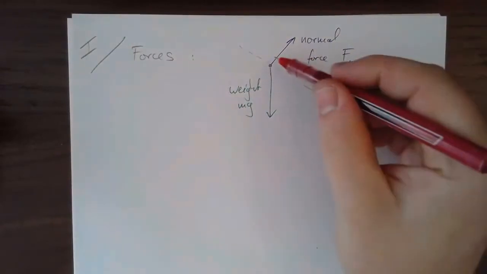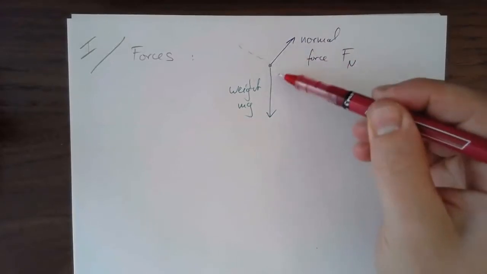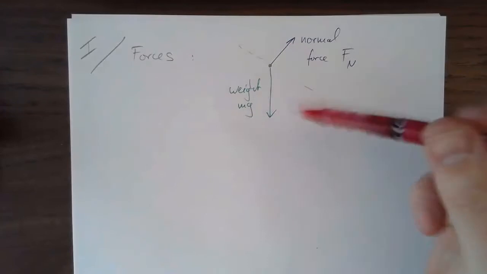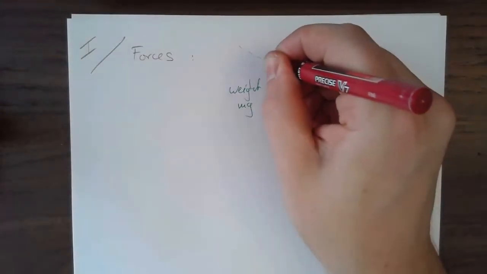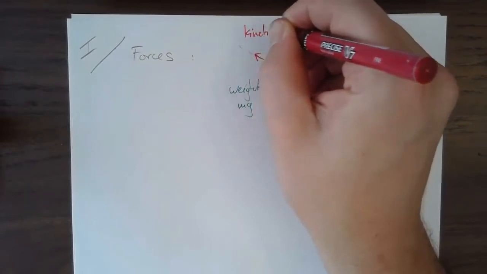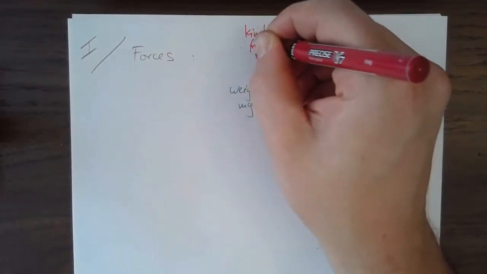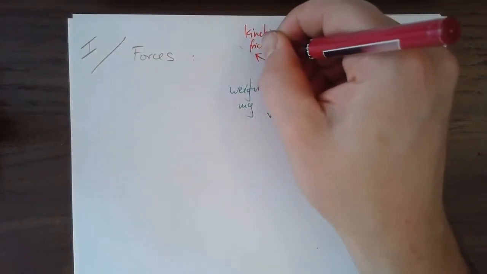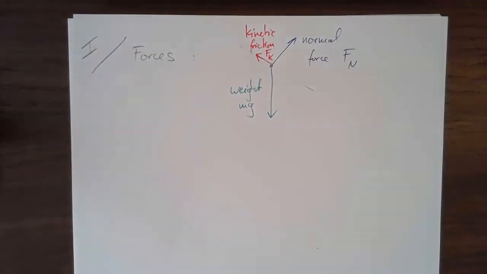Well, if the thing is sliding down, without friction it would start sliding down this way. So that tells me that friction must be in the opposite direction, because it's sliding down. So there's kinetic friction. I'll call this F subscript K for kinetic friction.